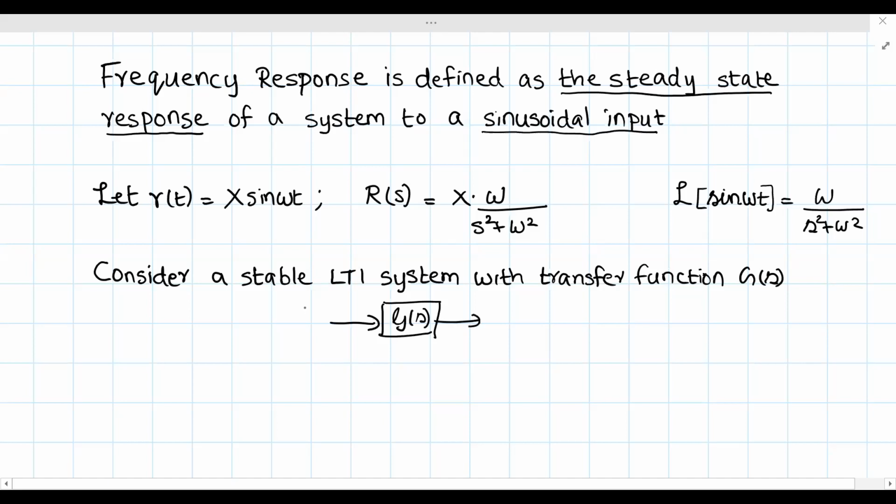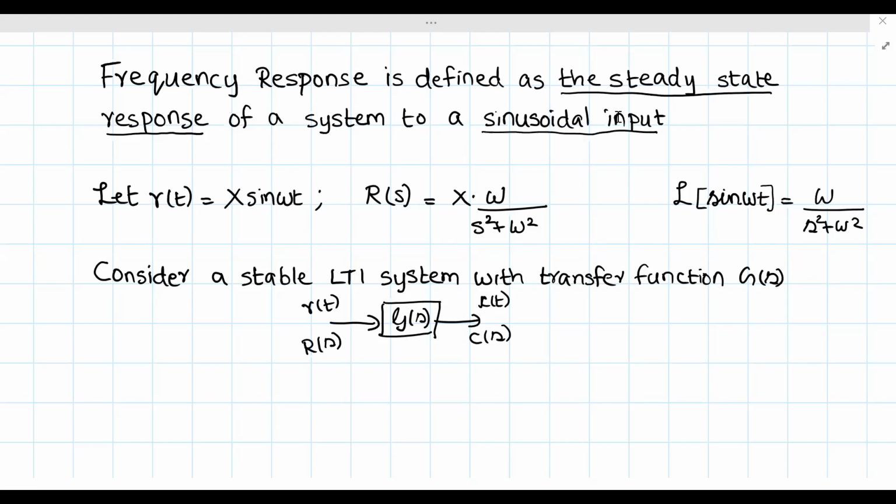Input is r of t, or its Laplace transform R of s, the output is, say, c of t or C of s. We know the transfer function is the ratio of Laplace transform of output to Laplace transform of input when all initial conditions are 0. Okay, so that is what is G of s.